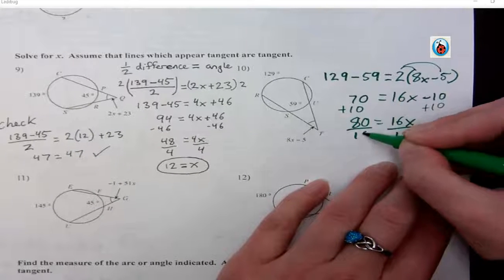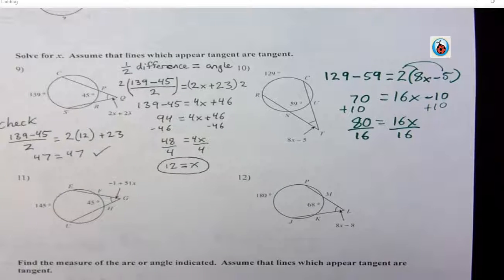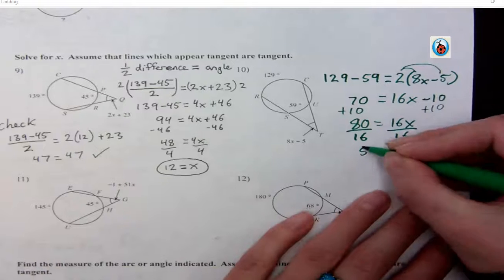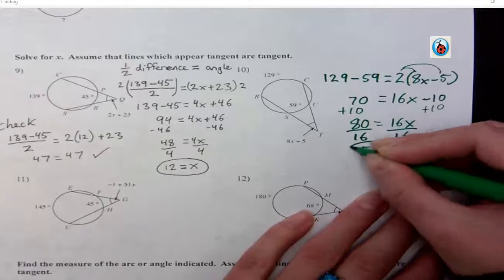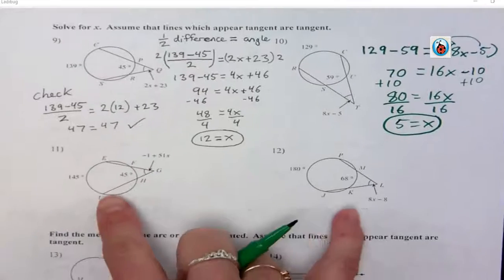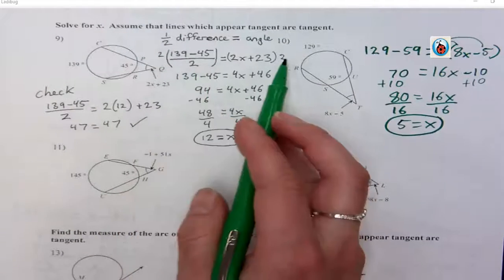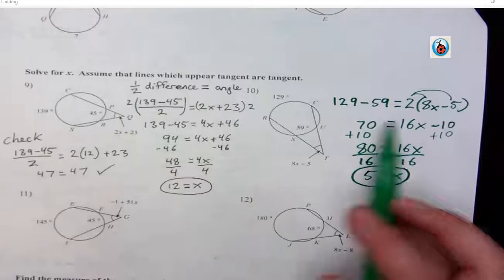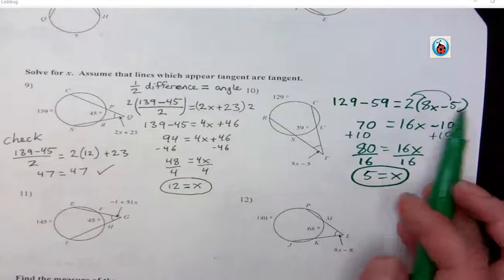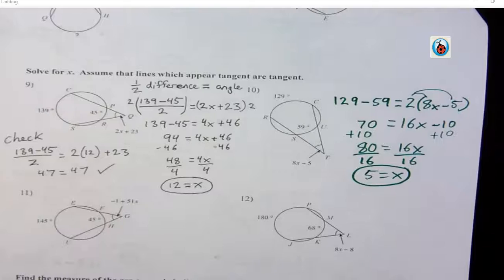And divide by 16 to get 5 equals x. Alright, so again, you have 2 to set up, so do what makes more sense to you, setting up like this first and multiplying by 2, or just skip straight to the multiply by 2, because 2 times the angle equals the difference of those.